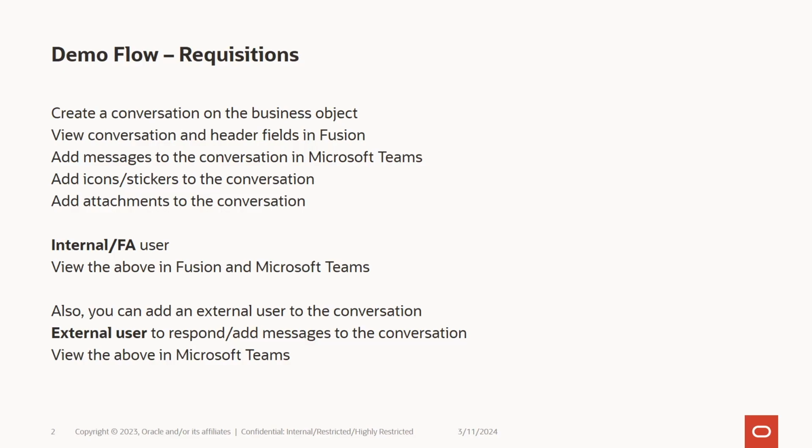And say in this case, user B, Calvin Roth, will log into the FA application and query the requisition created by Eleanor White, and click on MS Teams. He can see all the conversations created by Eleanor White.